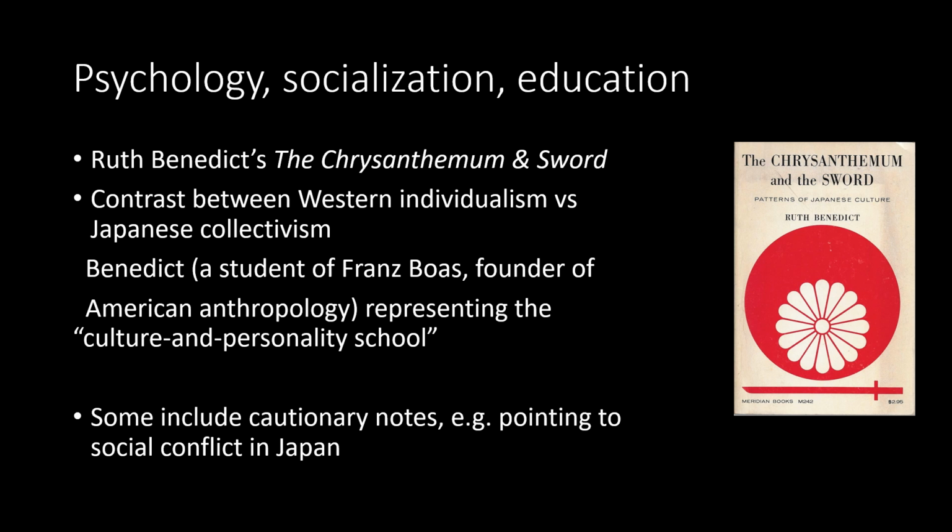But Kuwayama also finds that in order to avoid essentialist, overgeneralized representations, some of these texts in the textbooks would perhaps include cautionary notes pointing to social conflicts that also exist in Japan.